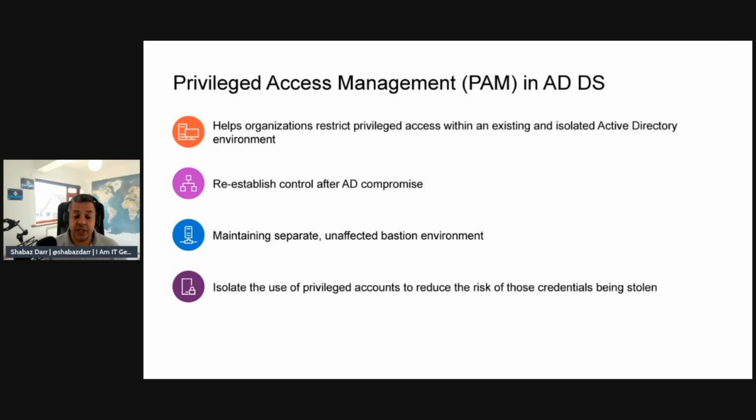You can also isolate the use of privileged accounts to, in the long run, reduce the risk of those credentials being stolen. Again, it's about separating higher privileged tasks from normal user tasks. Normal user tasks include accessing email, replying to email, accessing Word documents, printing, things like that. You can't be doing those with your privileged accounts.